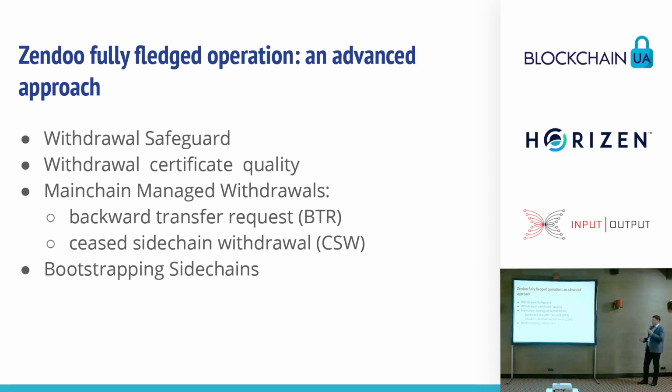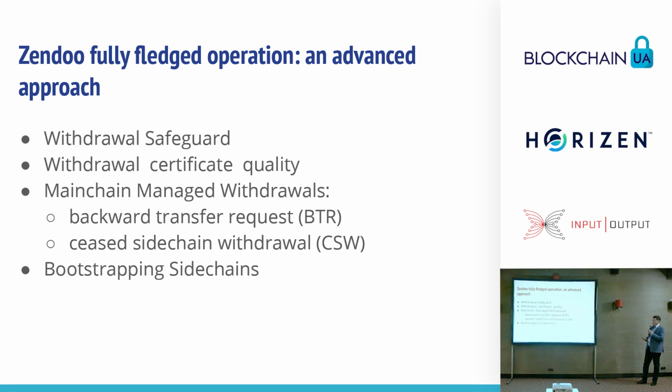Besides that, we need to introduce a parameter which is called withdrawal certificate quality. What does it mean? On the main chain side, we know nothing about the consensus protocol, but in any case, it can be decentralized, and we expect it to be decentralized. And within a decentralized system, we can have forks and so on. There can be several certificates that are valid, because there are two chains, one longer, one shorter, but both chains were generated by some set of consensus participants of the sidechain.